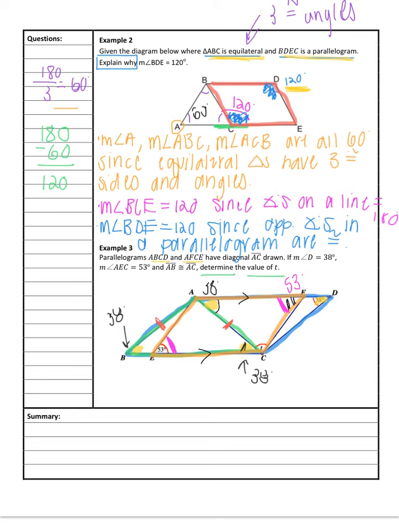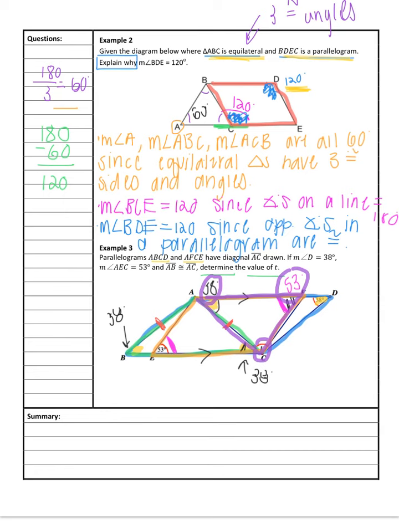So with that information, we can now focus on that little triangle. Let's pick a color I haven't used yet. This triangle here, AFC, because I know this angle up here was 38, and I know this angle over here was 53, now in order to find T, we just have to use our 180 trick.